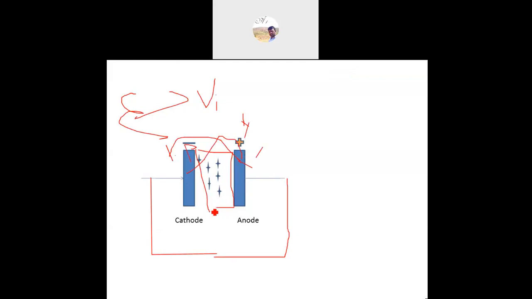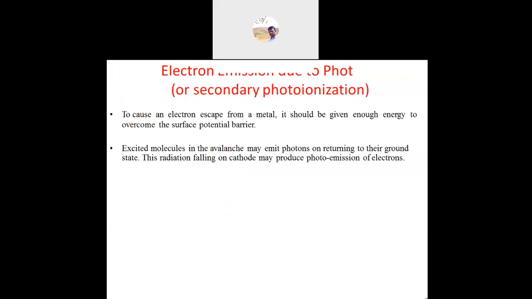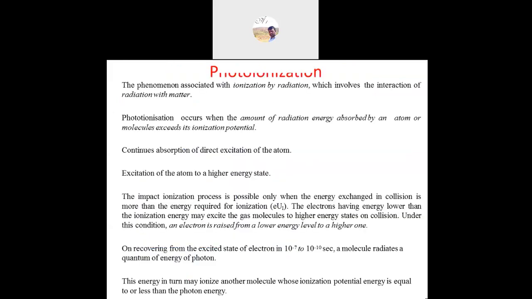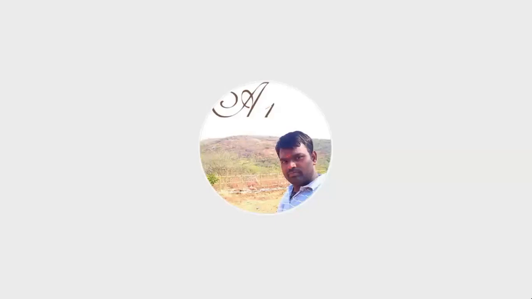These free electrons also produce more electrons, which is the ionization collision. Due to the ionization collision, positive ions are also produced. The positive ions flow toward the cathode, and the free electrons flow toward the anode.